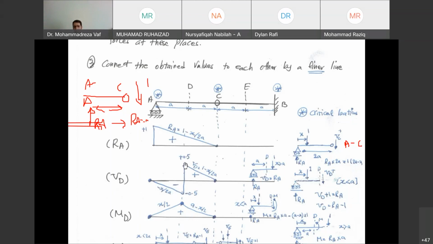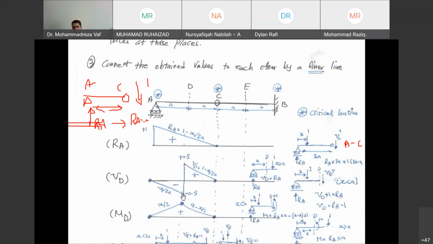From A to D, it was RA minus 1, which is this line. And from D until B, it's exactly RA, which is this curve. And then you connect them to each other. Of course, again, you can see at point D we have a total jump of 1, because when the force is at point D, the shear force changes by exactly that value. So negative 0.5 plus positive 0.5 together become 1.